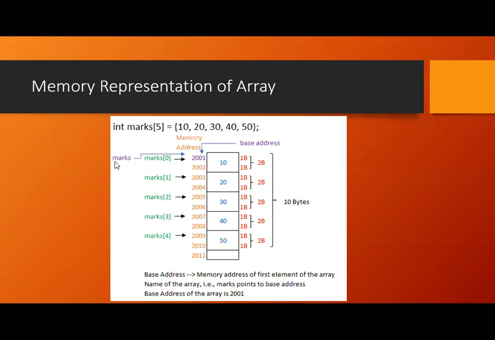This particular marks will be treated as a pointer, but more precisely we can call it a constant pointer. What will this constant pointer store? It will store the memory location, that is the first memory location of the array.